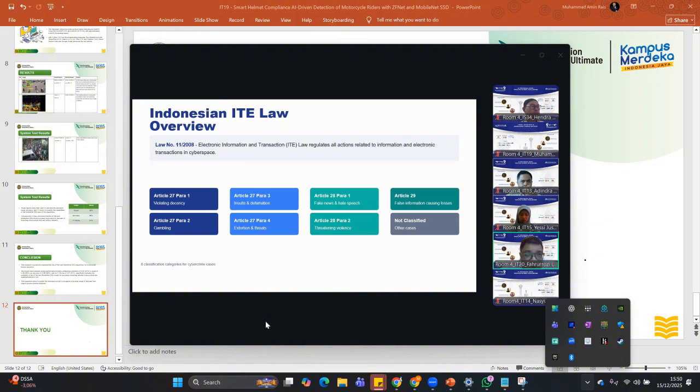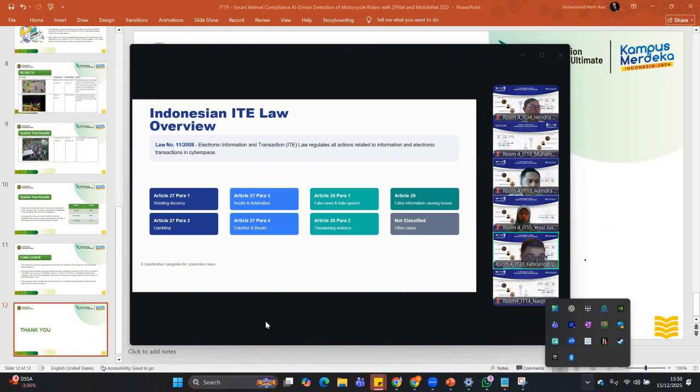So this is the Indonesian ITE law overview. Before delving into our methodology, it's essential to understand the legal framework we are working with. Indonesian law number 11 of 2008, commonly known as the ITE law, regulates actions related to information and electronic transactions in cyberspace.